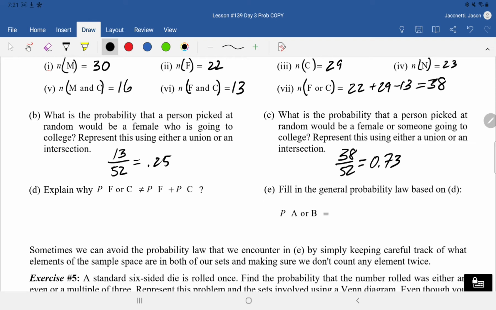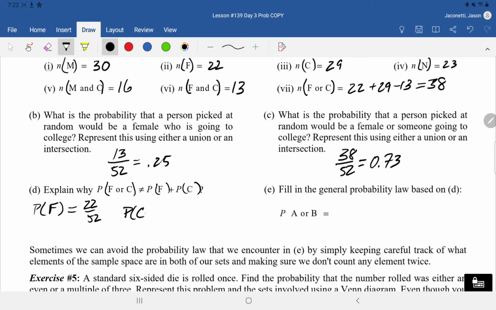There we go. So in general, what we're trying to do here is see how come this works. Well, P of F was 22 out of 52.